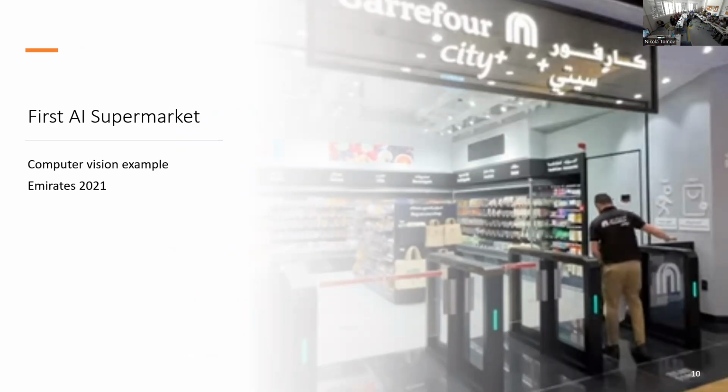They recognize your face with computer vision. They recognize the products. They can understand if you take a product, change your mind and put it back, and they have your bank account pre-recorded in the database, so you just walk out without having to wait at the cashier. This is an example of what's already happening, which is quite advanced.